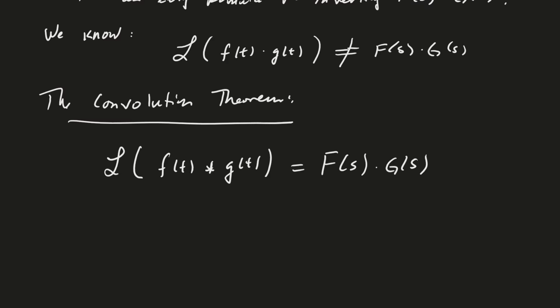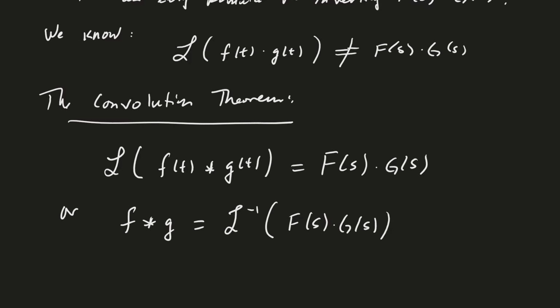Or similarly, you could say that the convolution is equal to the inverse Laplace transform of the product. Good. All right. Now we are not going to prove this. It's proved in other places.